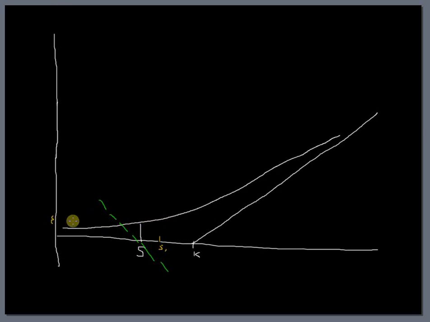So this is the P&L from the option. But how much do we lose from the share? Let's say it cuts here. We are losing this much. So clearly, shorting one share is not the right answer. We should short a bit less, but the question is how much.